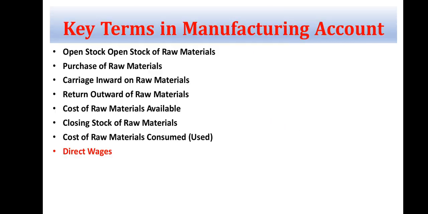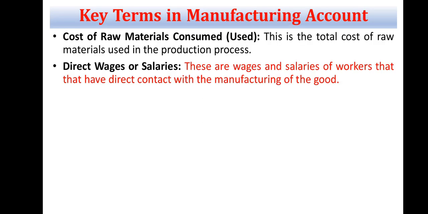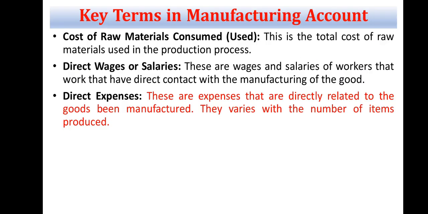Then the next thing is to add direct labor. So just like I said, direct wages. All those wages directly related to the production manufacturing process. We also had direct expenses. These are expenses that are directly related to the goods being manufactured, and they vary with the level of the output.